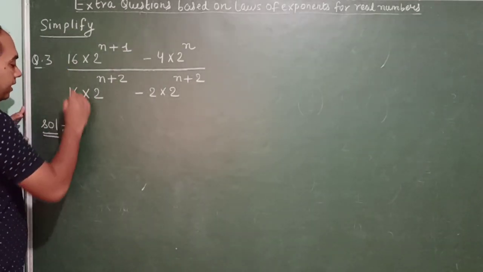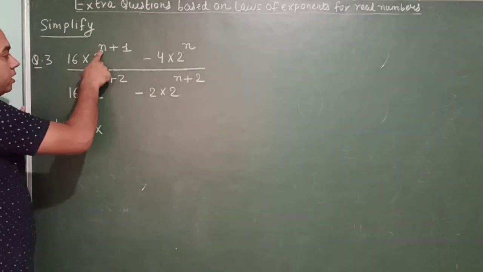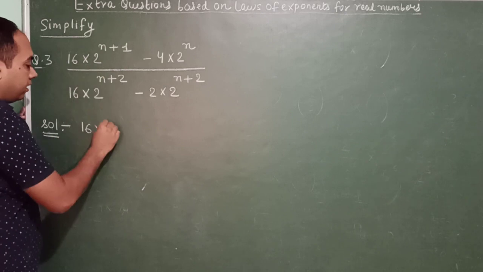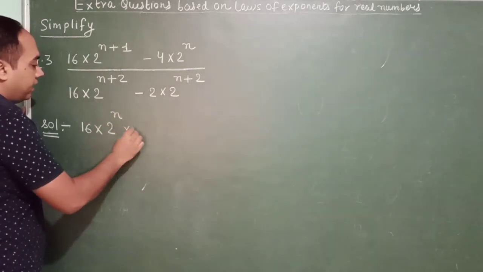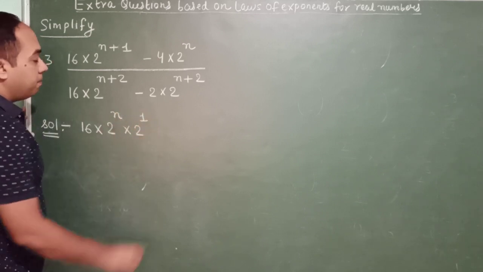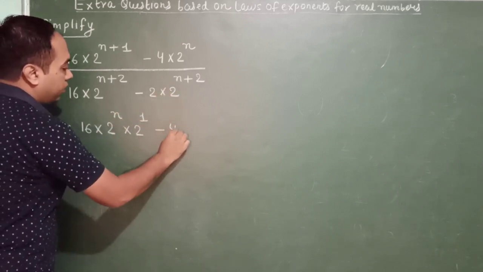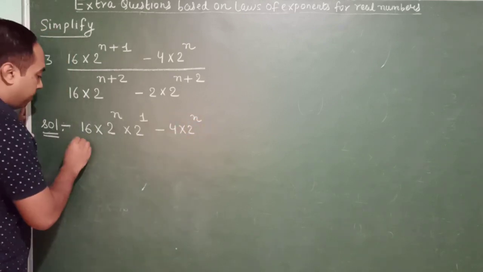See, first I am writing 16 into, now this 2 raised to the power n plus 1, we break it. So on breaking it, you can write in this manner, 2 power n into 2 power 1 minus 4 into 2 power n, that will be written as it is, upon.